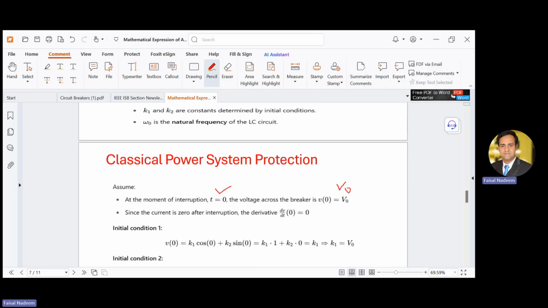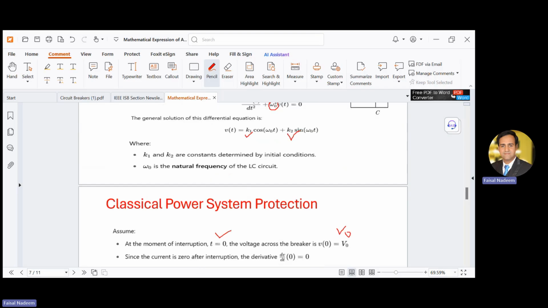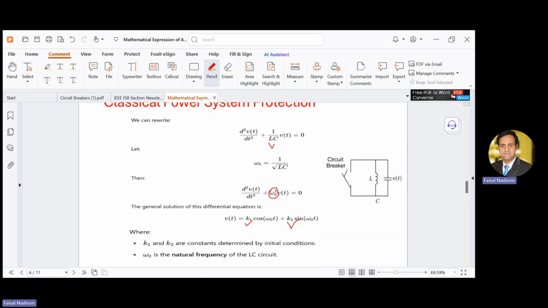First, when we apply initial condition 1, at the moment of interruption when V0 is equal to V naught, we replace Vt with V naught and replace t with 0 wherever t appears in this equation. So t equal to 0 makes this sin 0, and here we have cos 0.